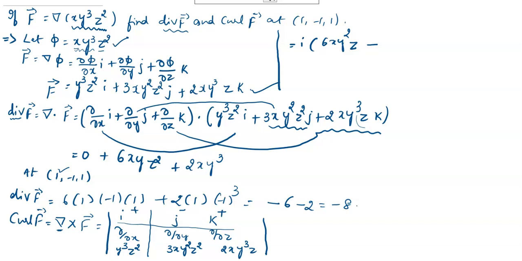With respect to z, z square gives 2z, so 2 into 3 is 6, and we get 6 x y square z.